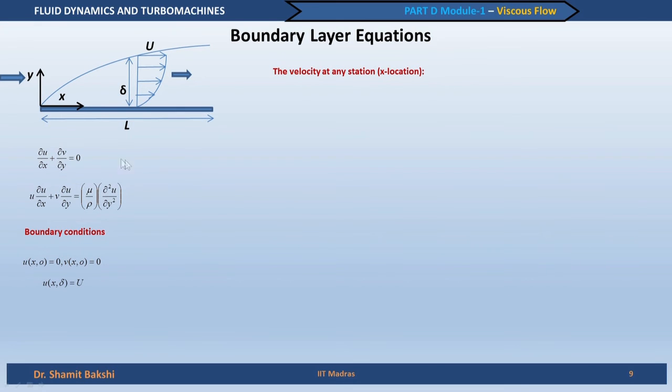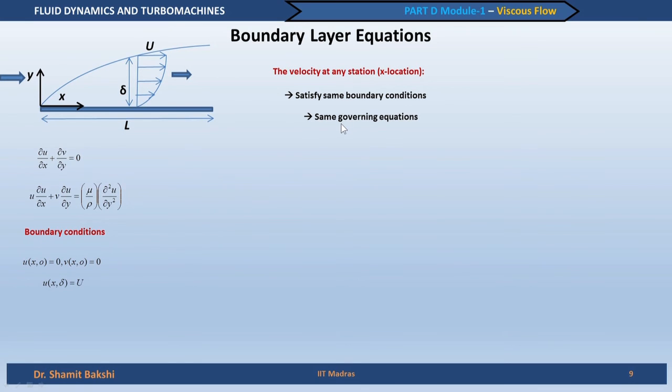So at each point we solve the same set of equations, and it satisfies the same boundary condition at each point. So the governing equation is the same for the velocity at any station, these two are the governing equations, and the boundary conditions are also the same.